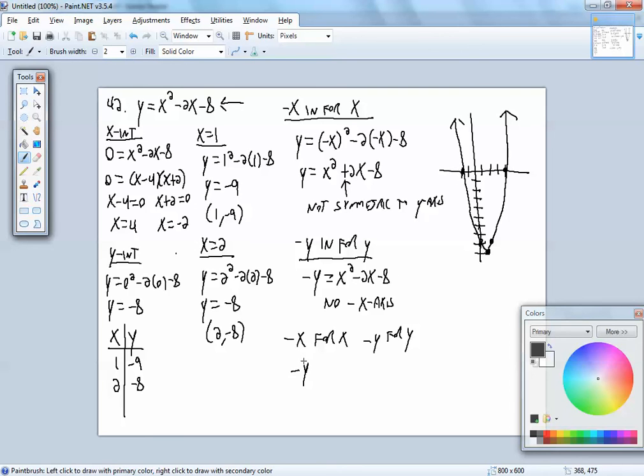But if I have negative y equals negative x squared minus 2 times negative x minus 8, negative x to the second power is x squared plus 2x minus 8. Now I could divide everything by negative 1, in which case this would give me y is equal to negative x squared minus 2x plus 8. But there's no way I can get this looking like the original problem, so the answer is no there.